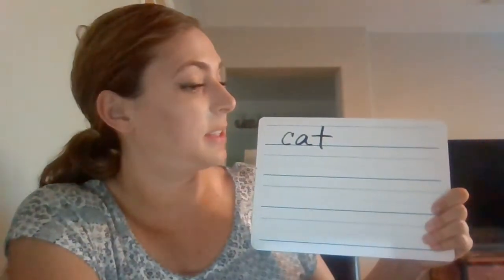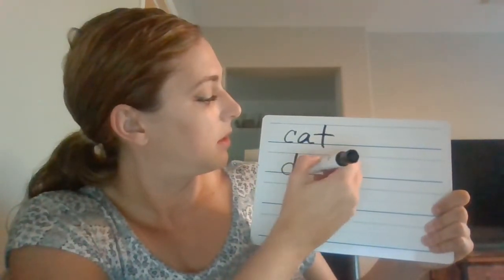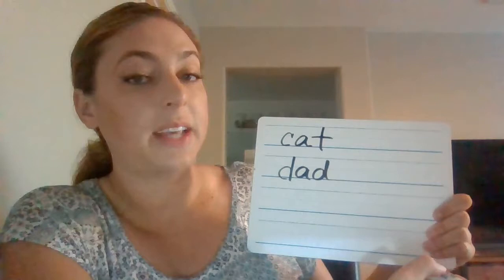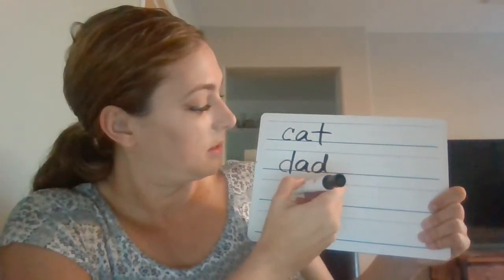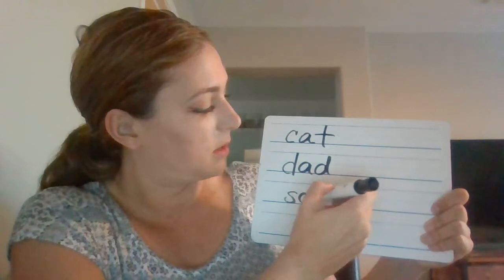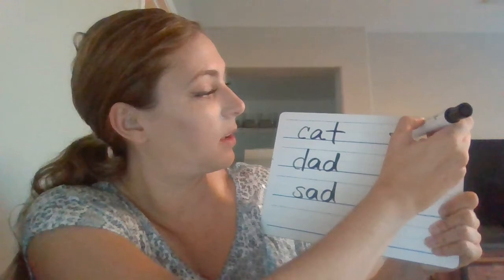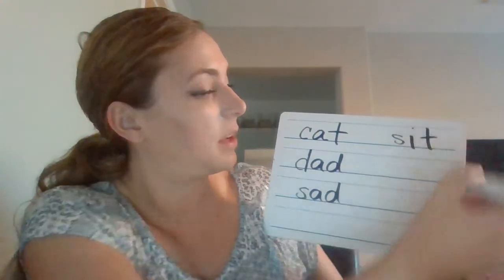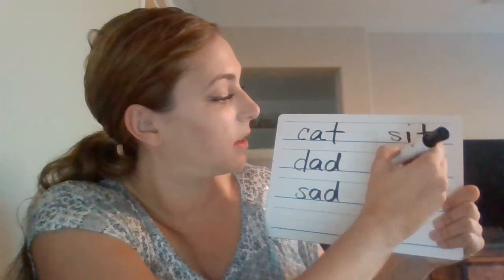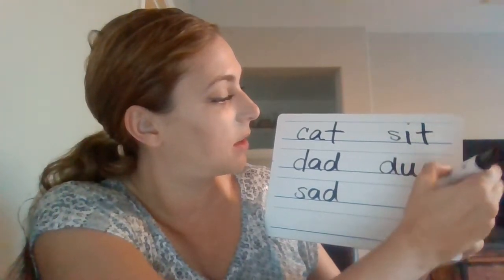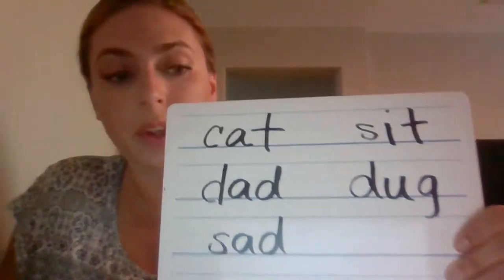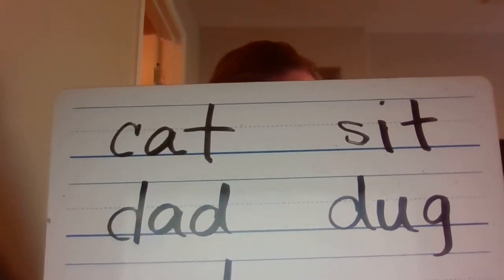On your board or your paper at home, you should have the words cat, dad, sad, sit, and dug. These are your 5 spelling words for today.